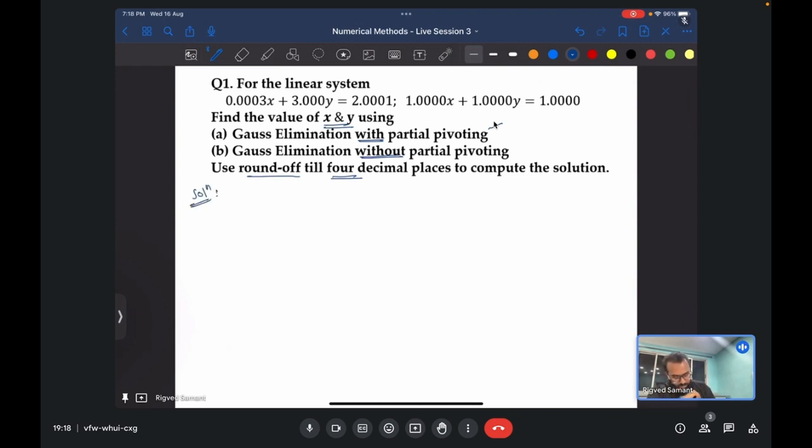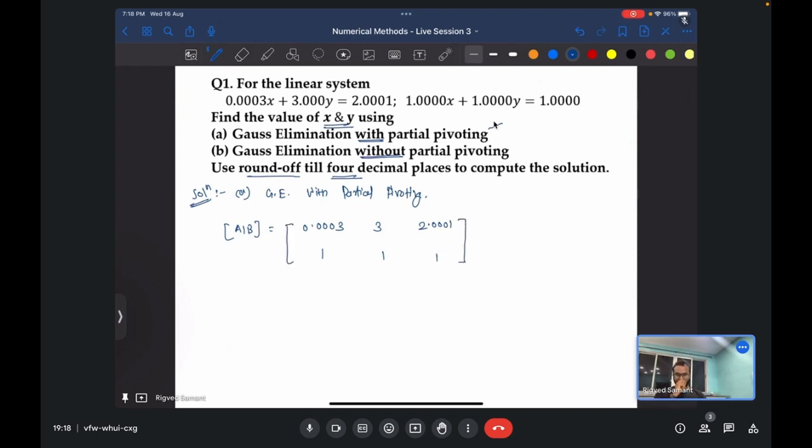So how will you go about this? First you will write the augmented matrix A augmented with B. So what is the augmented matrix? It is 0.0003, 3, 2.0001, and 1, 1, 1.